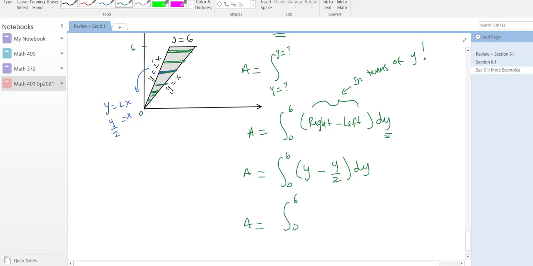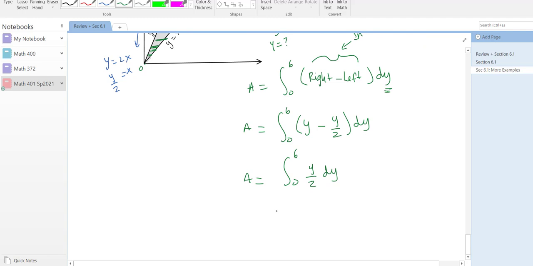So this is the integral from 0 to 6 of just y over 2 dy, right? y minus y over 2 is y over 2. So I get A equals y squared over 4 from 0 to 6. And 6 squared is 36, so I get 36 over 4, which is 9. So we get the exact same answer.